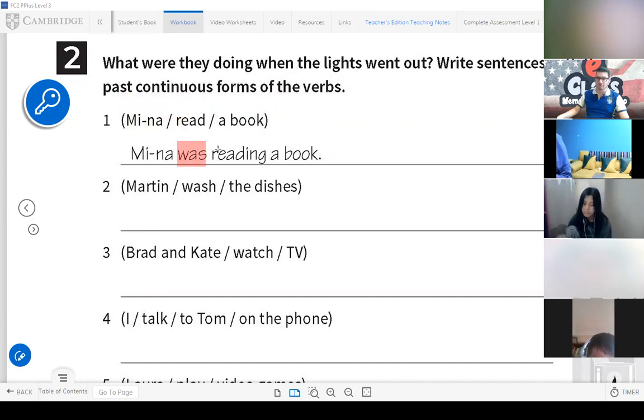Mina was reading a book. Y al read, ¿qué cosa le agregas? Le agregas ing. Nada más. ¿Ve? Mina was reading a book. Ahora acá, about Martin. What can you say about Martin? Martin, de igual manera, pues no dirás, Martin was washing the dishes, etc. ¿Ya? You complete on that way.